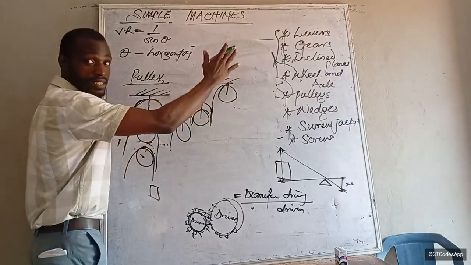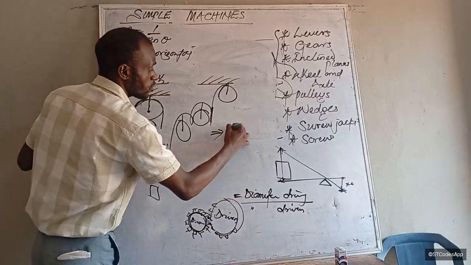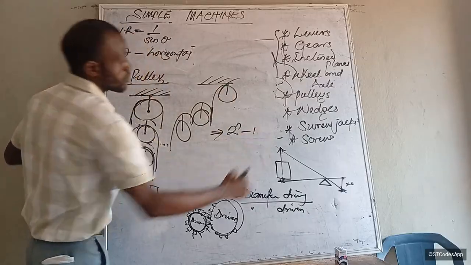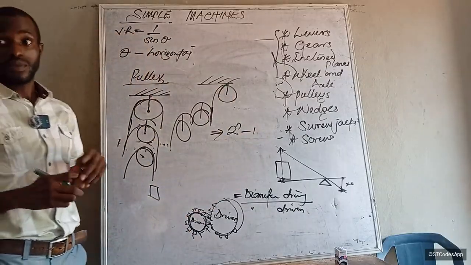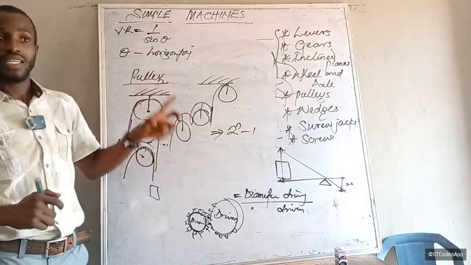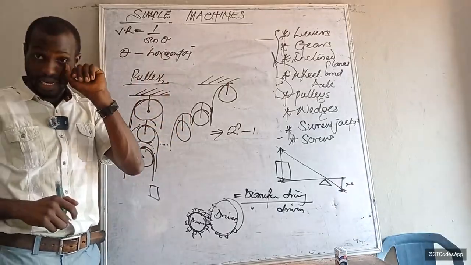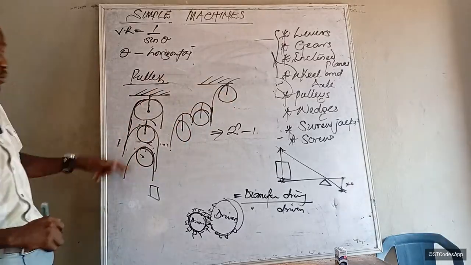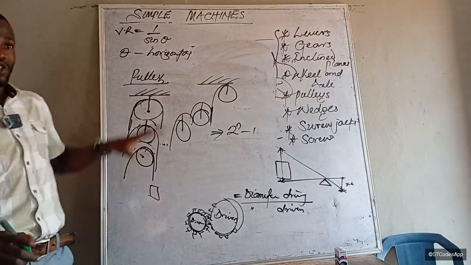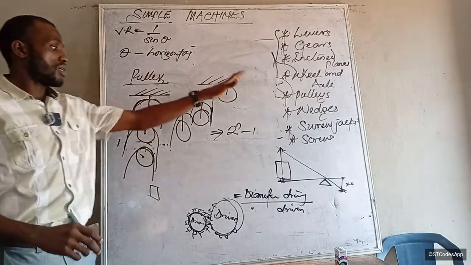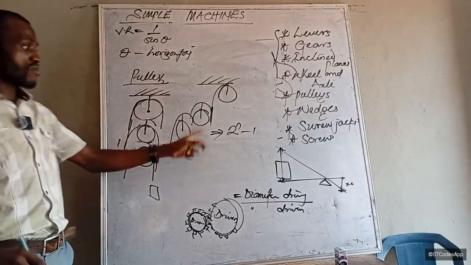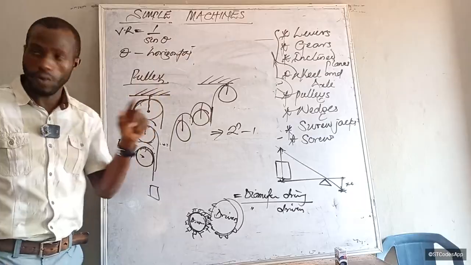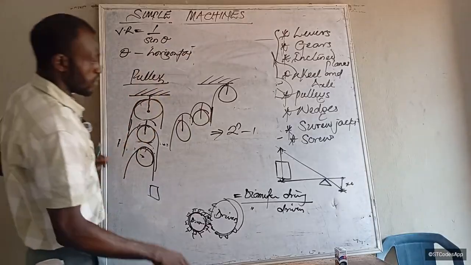The formula for the velocity ratio will be 2 raised to power the number of pulleys minus 1. Is it clear? This one has come out once before. But the simple one is the most common one. Just count the number of pulleys, and that's the velocity ratio. But for this one, 2 raised to power number of pulleys minus 1. Alright. So that's for pulleys.